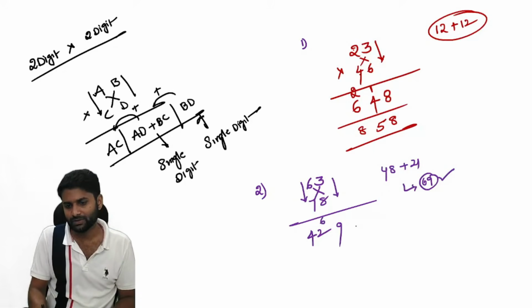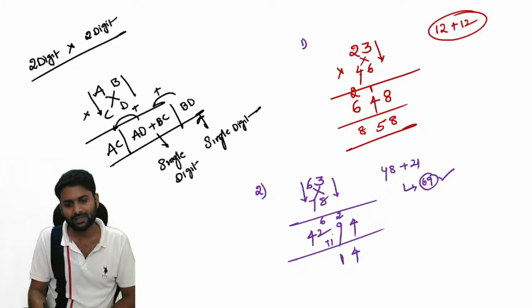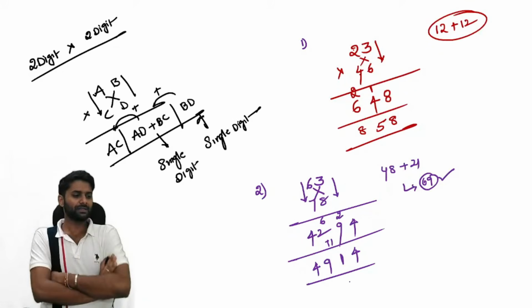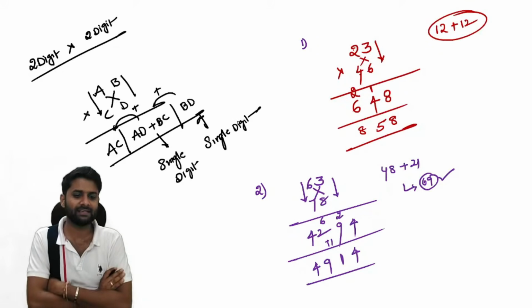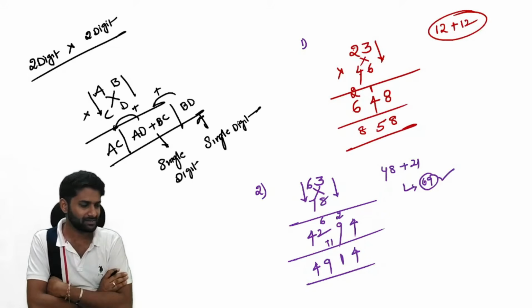Finally, 8 into 3 is 24, so 4 and 2 is carry over. Then 42 plus 6 is 48, and again you have to add the carry over. So 4 plus 6 plus 2... the final answer is 4914, the resultant of 63 multiplied by 78. So is it clear?